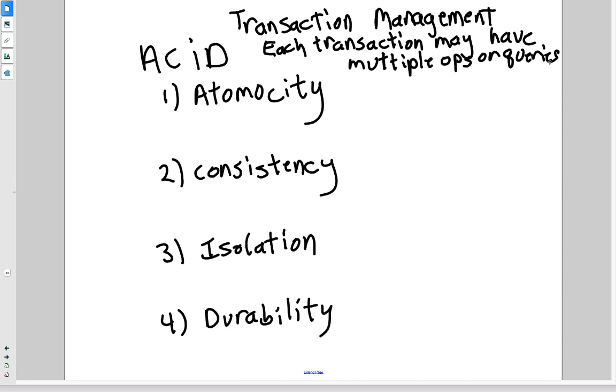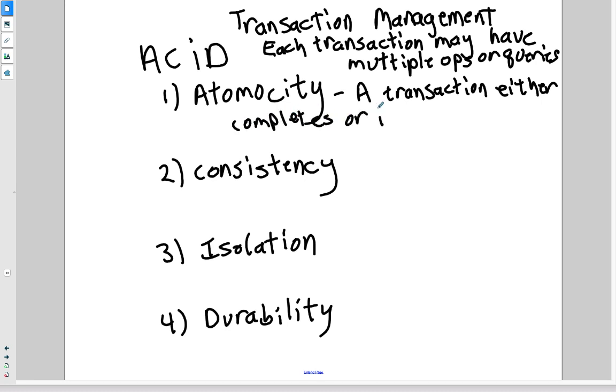Okay, so the atomicity says that a transaction either completes or its operations are rolled back if it fails.